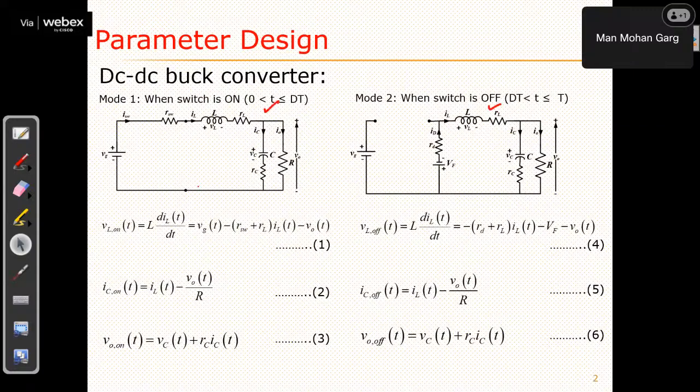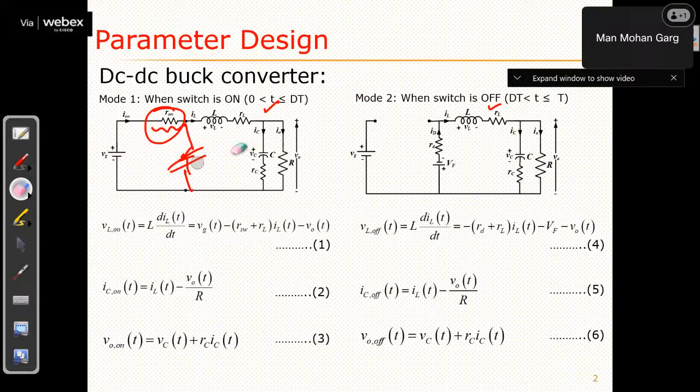When the switch is on, I have represented the switch as a resistance, and obviously the diode is open, so it is not there. The inductance and capacitance are represented this way.